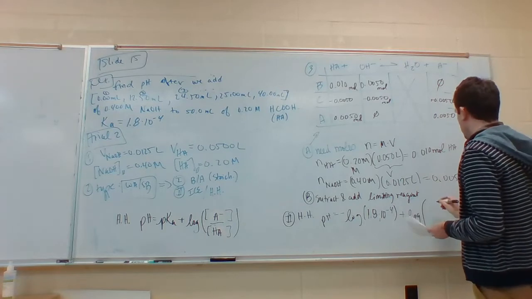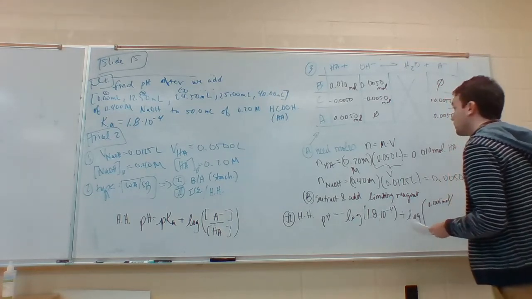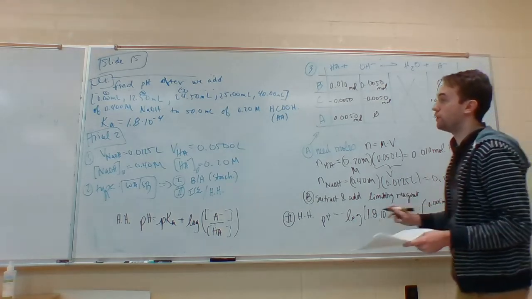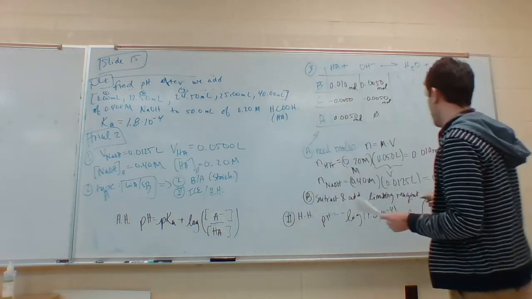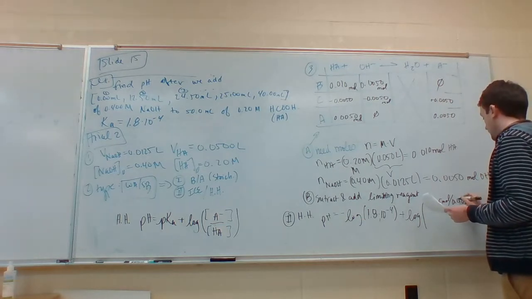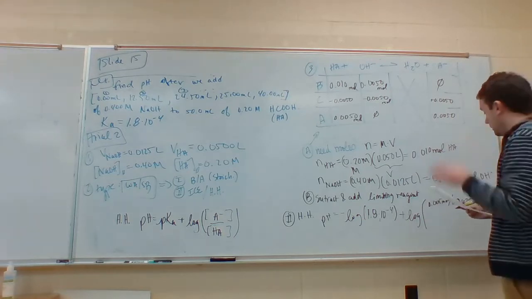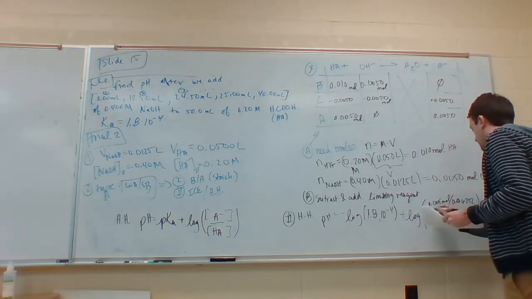So what we will have is 0.005 moles all over our total volume, which in this case is those two numbers added together, which is 0.0625 liters.